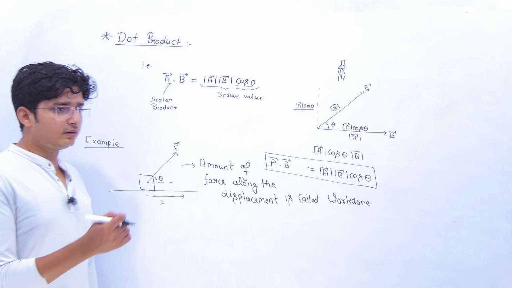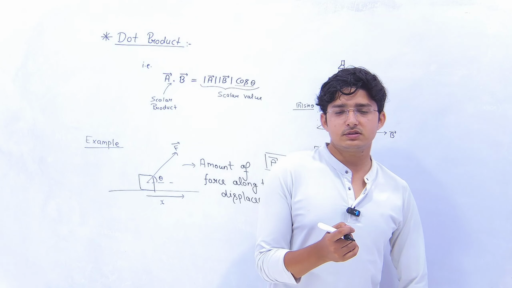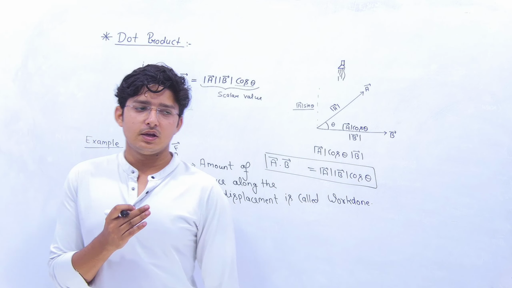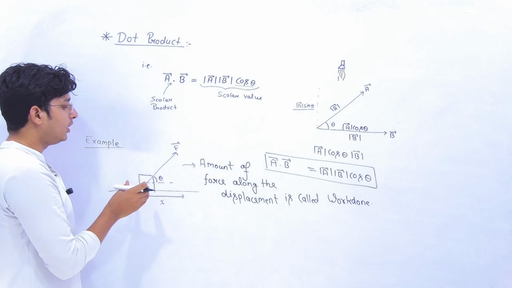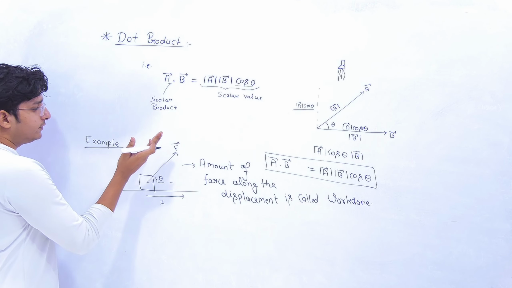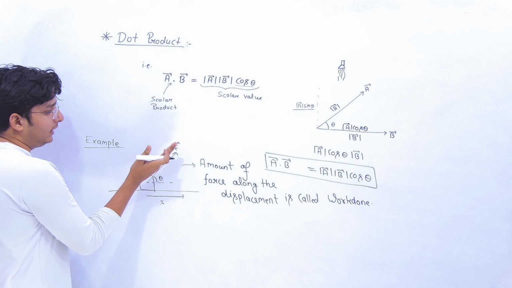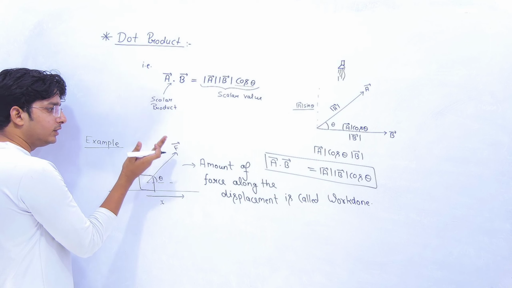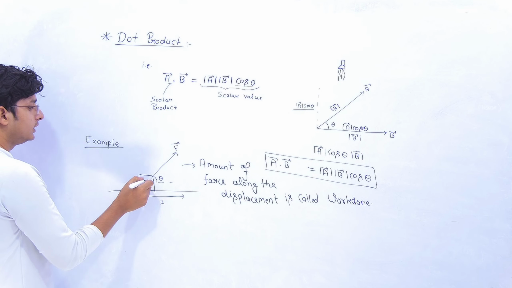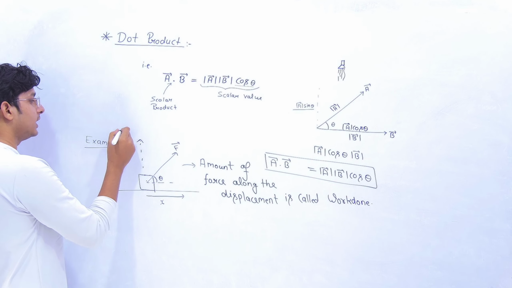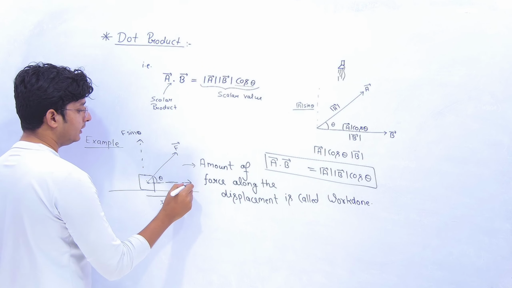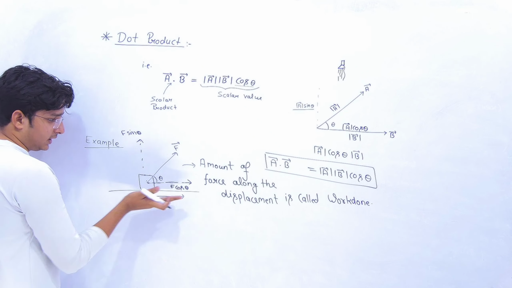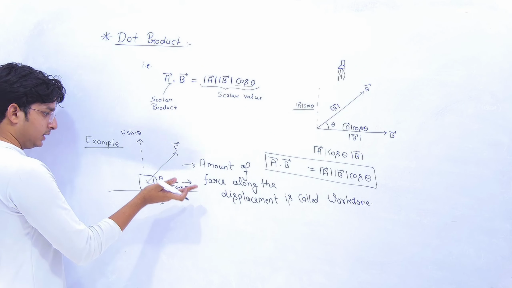Now you understand the real meaning of dot product, because dot product is nothing but a projection or component along the displacement where the box is displaced. Because force is acting at some angle, we get two components of this force. This is the vertical component, which is F sin theta, and that is the horizontal component, which is F cos theta. And this is the direction of displacement.